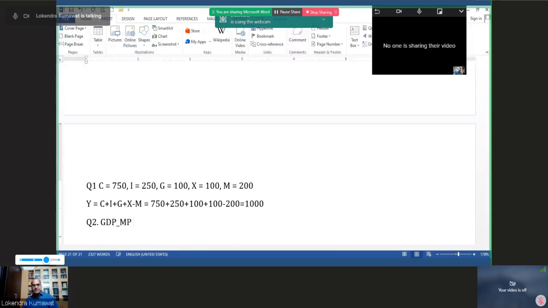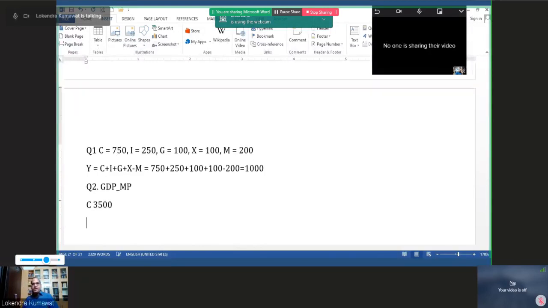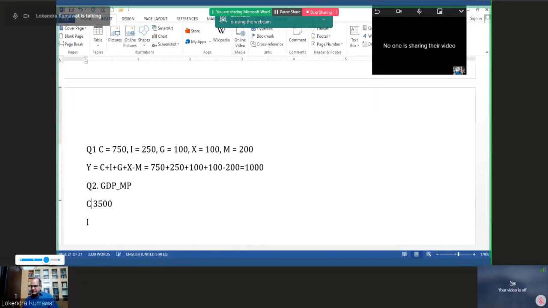GDP at MP is equal to C plus I plus G, as I have calculated above. Consumption, personal consumption expenditure, is 3500. Investment has three components given here.